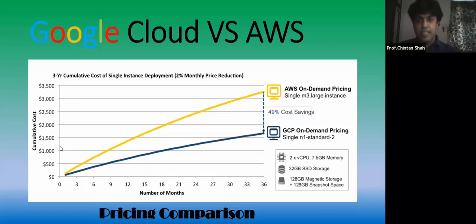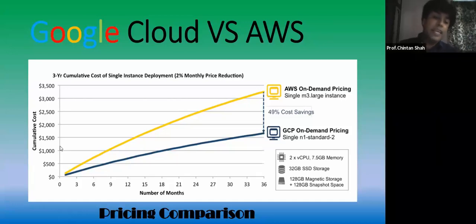So if I compare Google Cloud Platform with AWS, Google Cloud is the winner because with Google Cloud Platform, you are saving approximately 25% on the same instance selected.